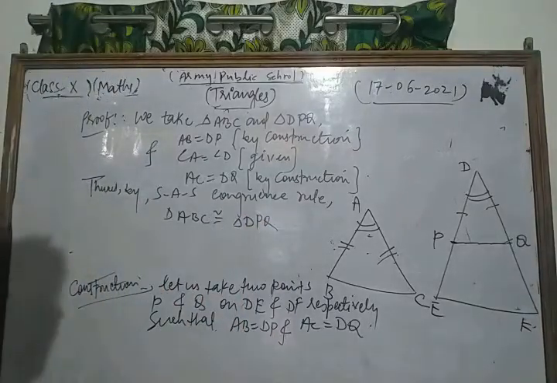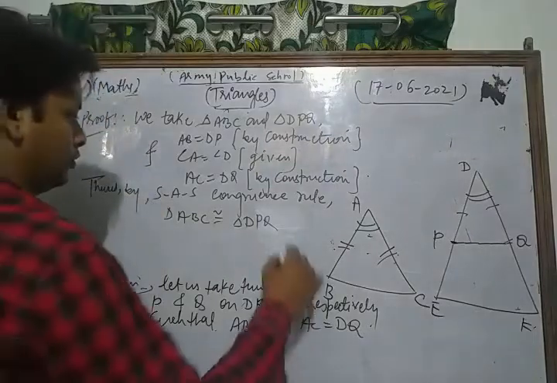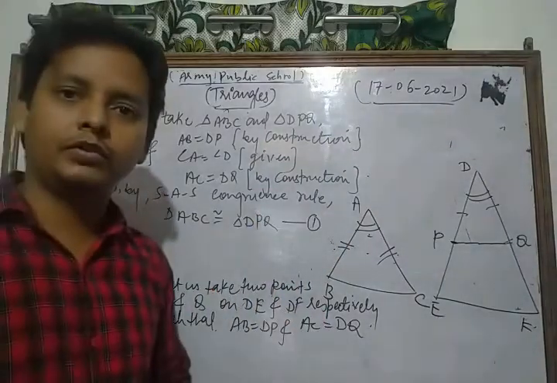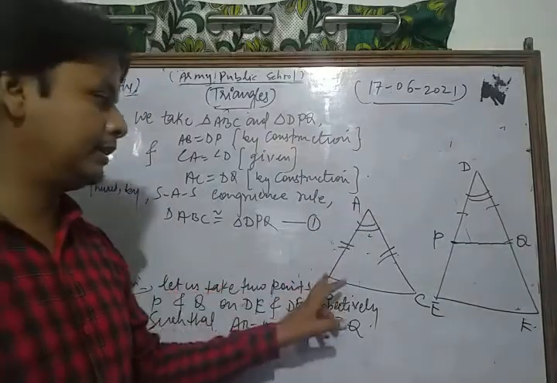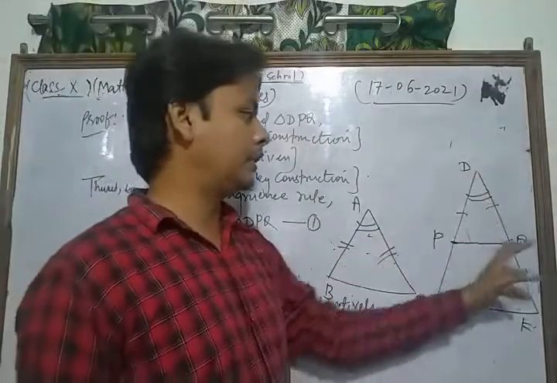Take this as equation number 1. In this way, first of all we have shown that triangle ABC is congruent to triangle DPQ.